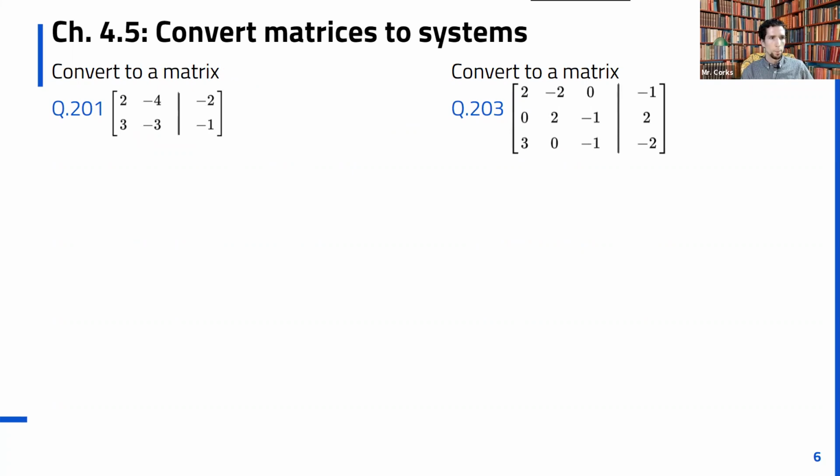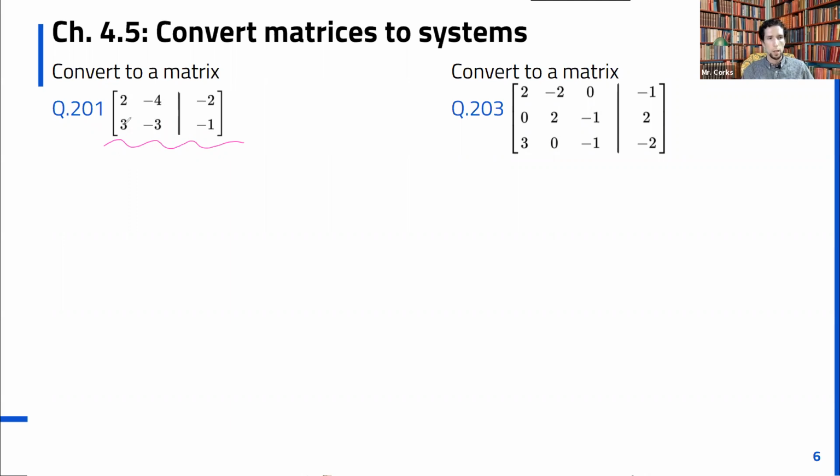Okay, so matrices to systems of equations. Let's do the one on the left here first. So here's our matrix, our augmented matrix, because we have this line here, very handy line, reminding us where the equal sign goes.